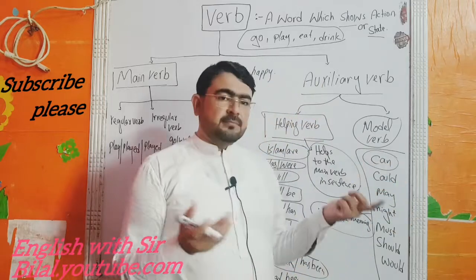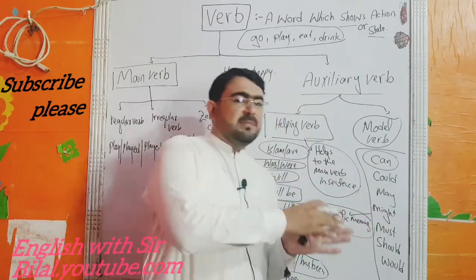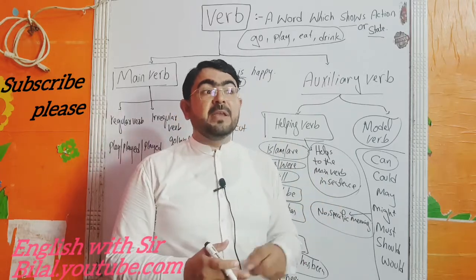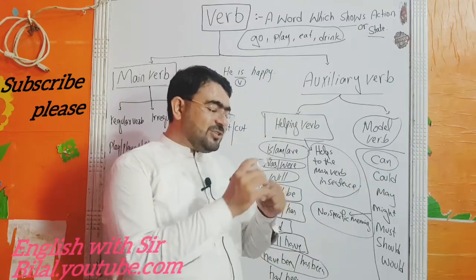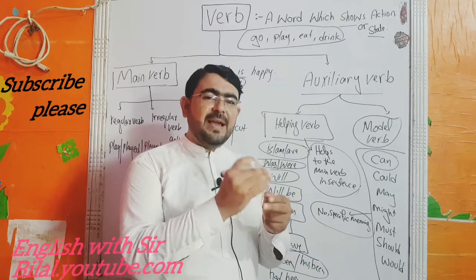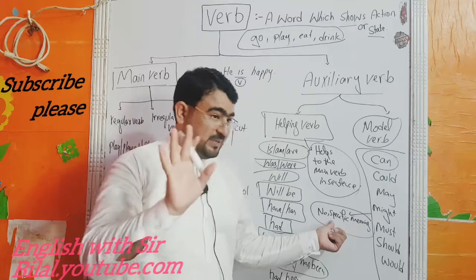But can has no specific meaning. Sometimes it shows request, sometimes it is used for ability. Like "Can you help me?" is a request. And "I can teach English" is ability. So they change their meaning. Whenever they are used in a sentence, they have their own special meaning.